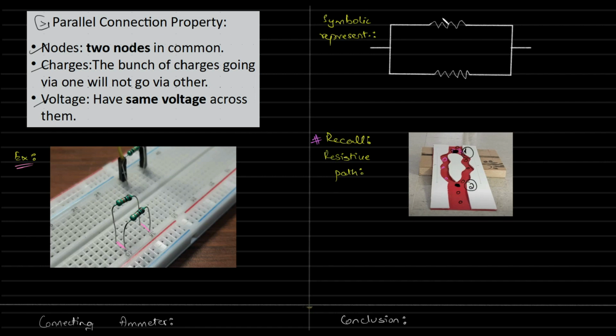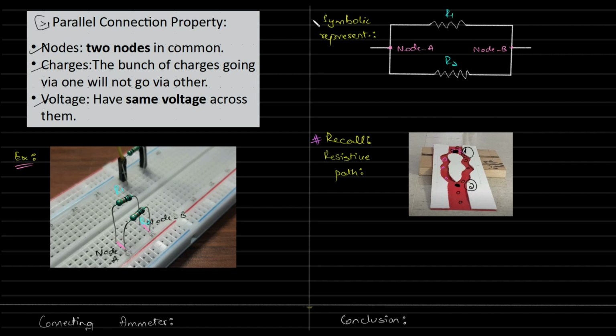So symbolically, you can represent this connection as, see, this is your first node, node A, and that's your node B. And yeah, you can call this R1 and this R2.